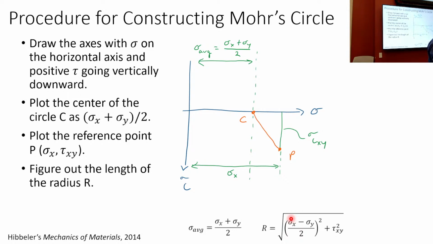But it turns out, one of the reasons we're using this is that this point P is on Mohr's circle. So point P is on Mohr's circle, which means that if I know the distance between the center and P, C and P, I can figure out what the radius is. So you tell me, what are the different ways to figure out this length?